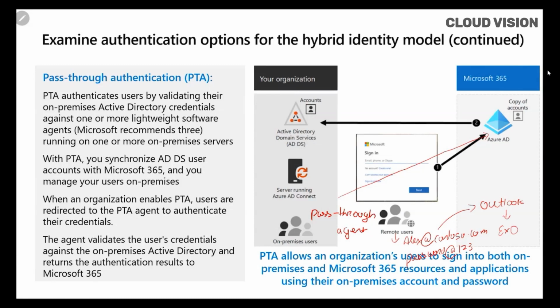Now, as we talked about, Exchange Online or any Microsoft 365 service for that matter is provided through Azure Active Directory services. So no matter who your authentication solution provider is, the authentication request will first go to Azure Active Directory.